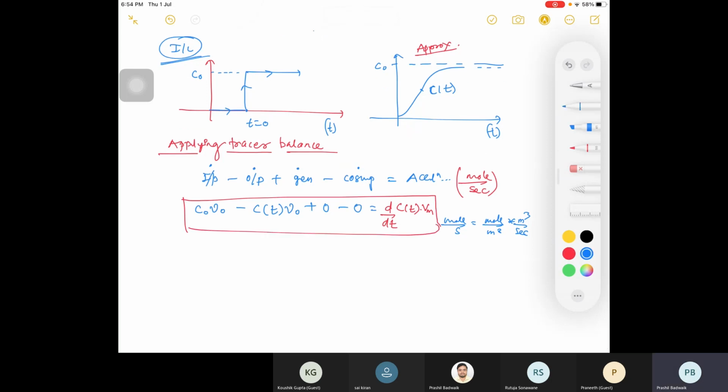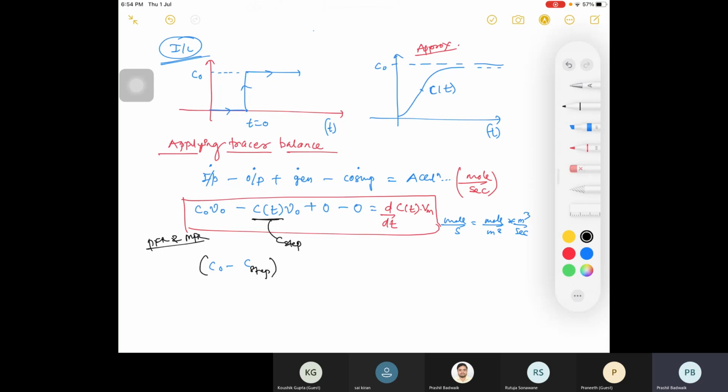Next step would be taking out common and integration. So you will be having C naught minus C. In order to differentiate PFR and MFR, I am just writing CT as C step, so you will be having C naught minus C step. You please consider concentration at exit at any time.